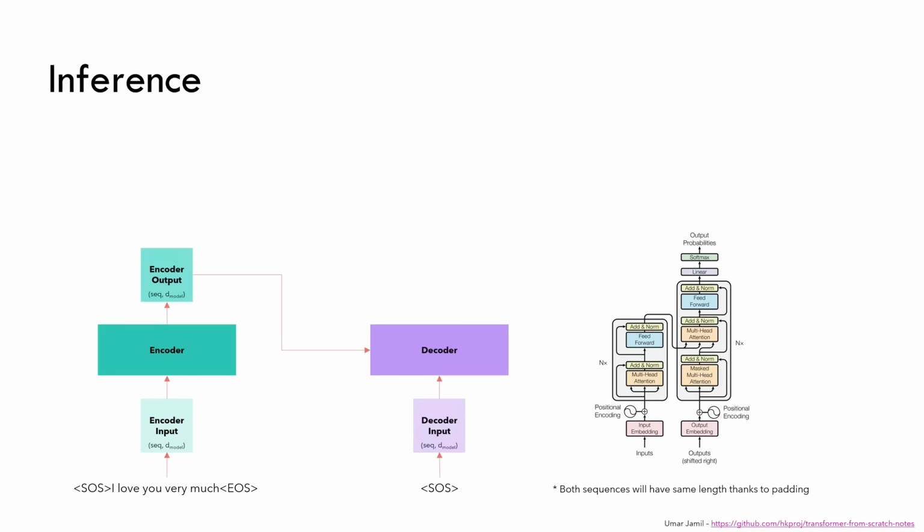The decoder will take its input as a query, and the key and the values coming from the encoder, and it will produce an output which is sequenced by D model. Again, we want the linear layer to project it back to our vocabulary, and this projection is called logits.